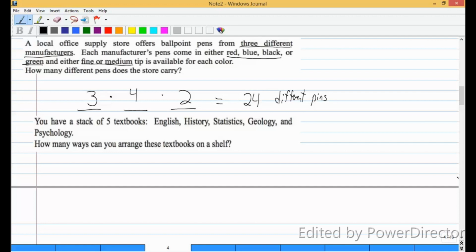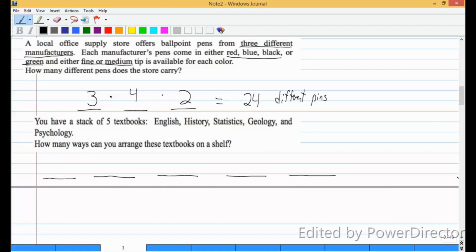How many ways can you arrange these textbooks on a shelf? All right, so we're going to arrange those textbooks on a shelf, and we have 5 different places that we're going to put those textbooks.